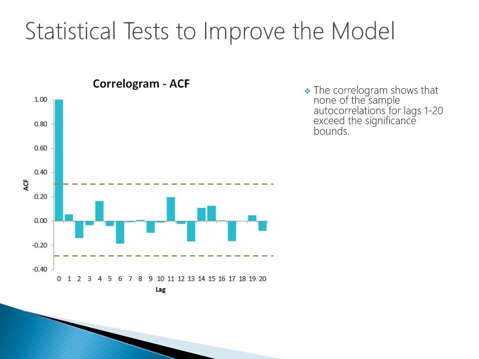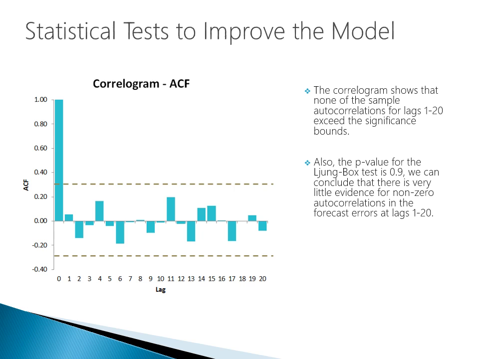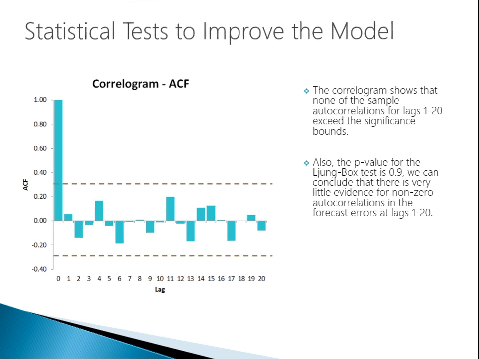The correlogram shows that none of the sample autocorrelations for lags 1 to 20 exceed the significance bounds. Also, the p-value for the Ljung-Box test is 0.9, from which we can conclude that there is very little evidence for non-zero autocorrelations in the forecast errors at lags 1 to 20.